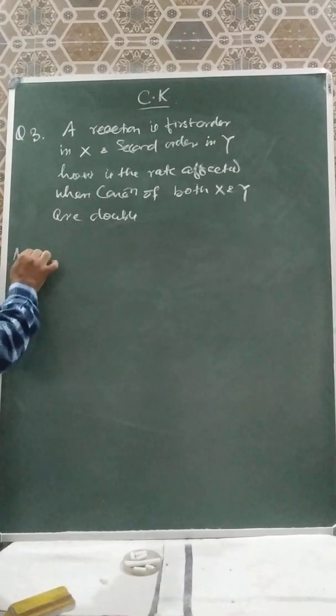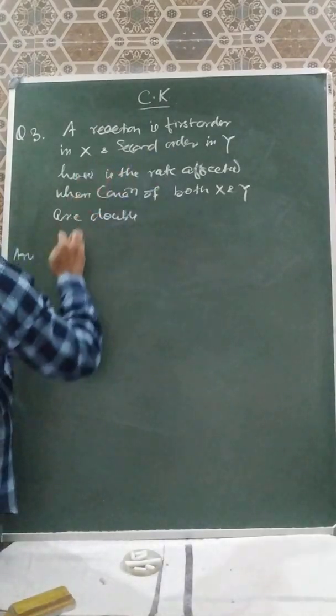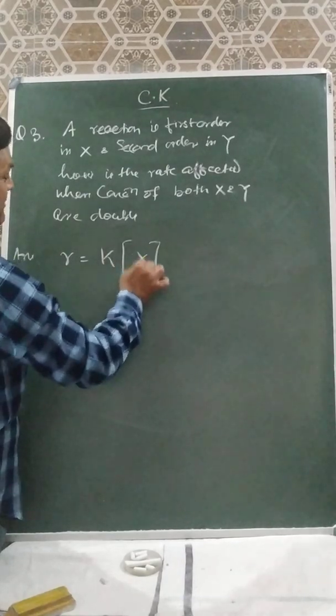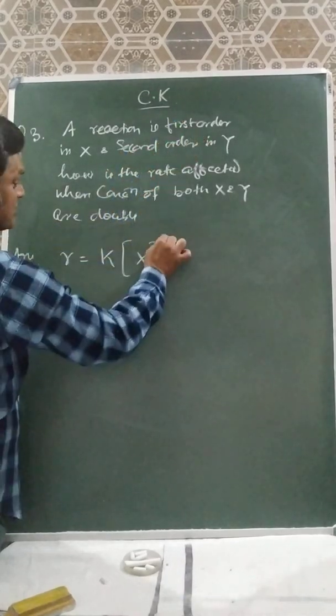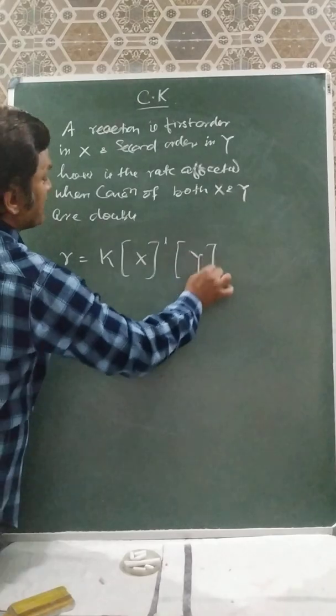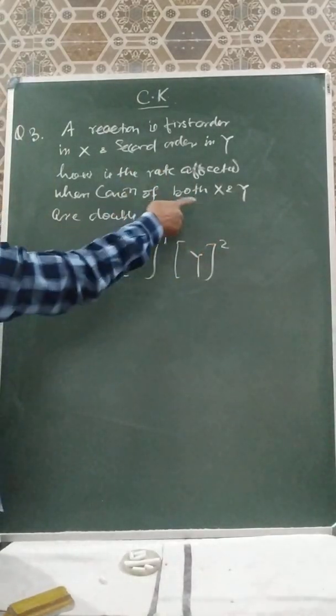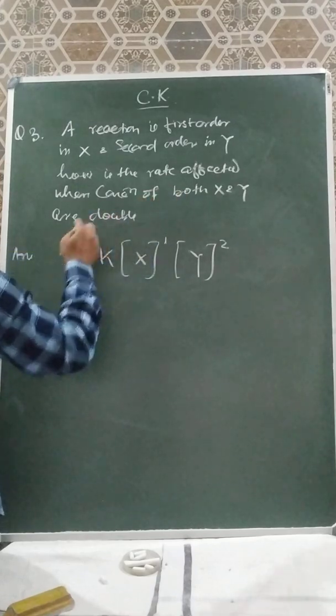According to the question, first order, that is rate is equal to k X to the power 1, and Y to the power 2 because it is second order. Now both are doubled.